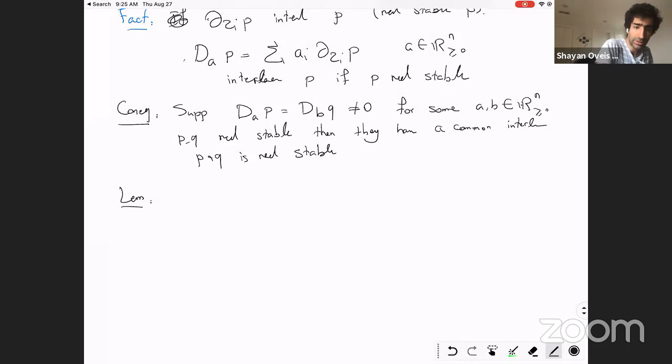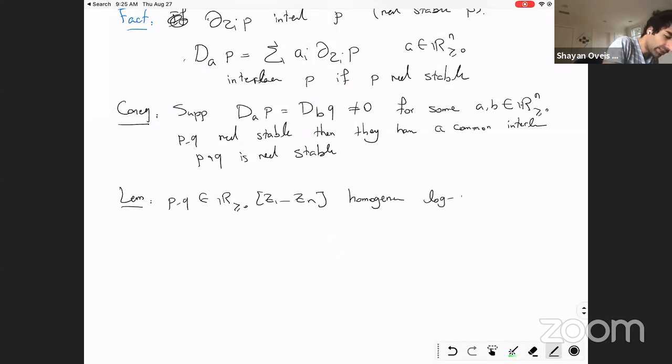Suppose that P and Q are homogeneous log concave polynomials, and dA of P is equal to dB of Q, not equal to 0.